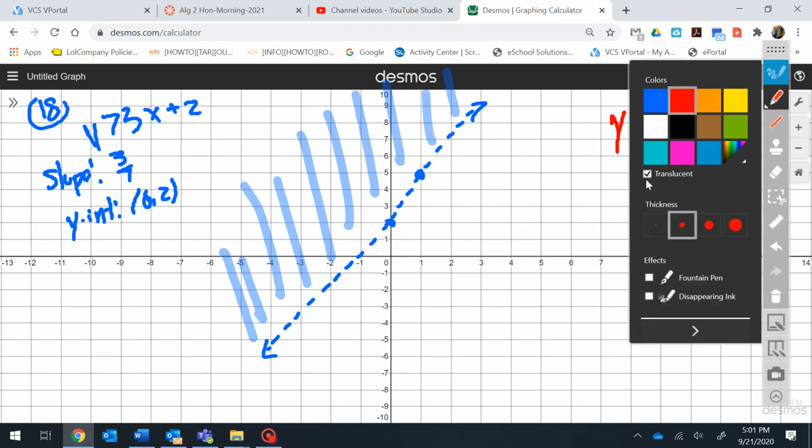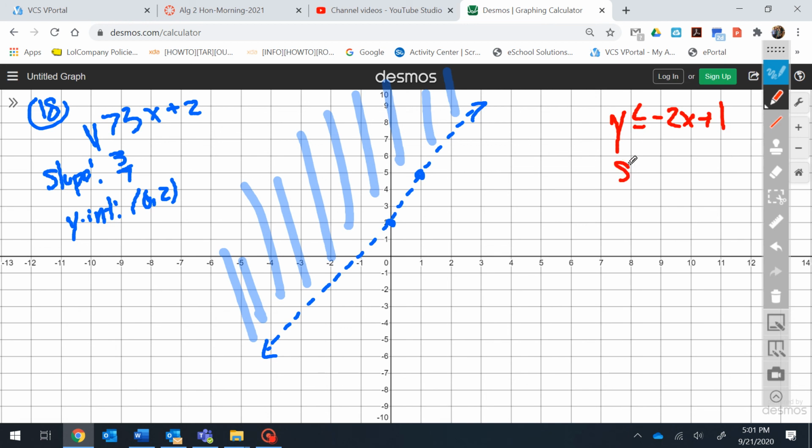Alright, the second one, slope negative 2 over 1, the y-intercept 0, comma 1. So 0, comma 1 is here. Slope down 2 and over 1 because it's pointing down. It is a solid line.